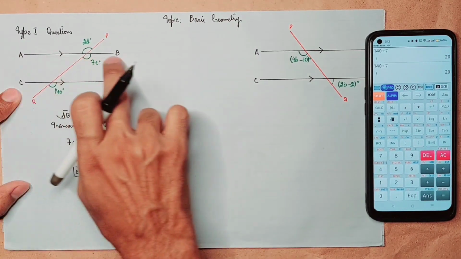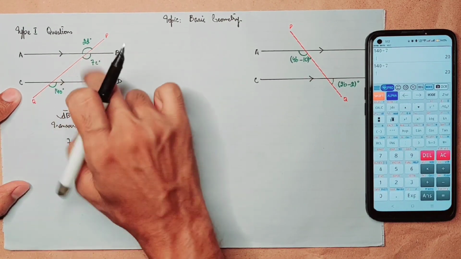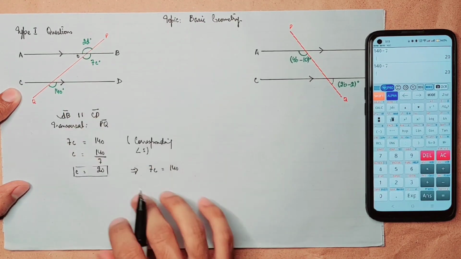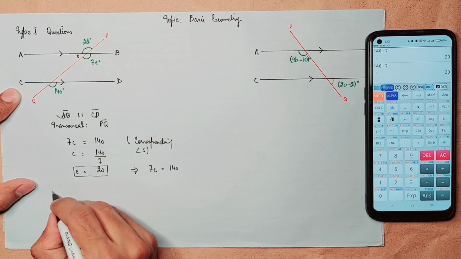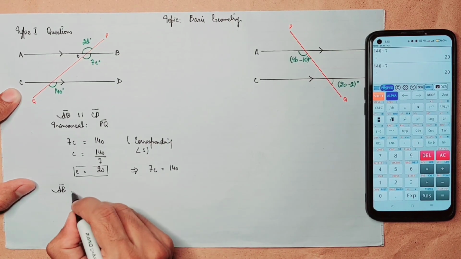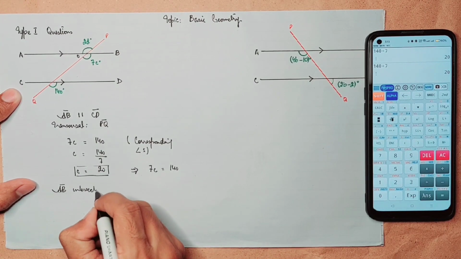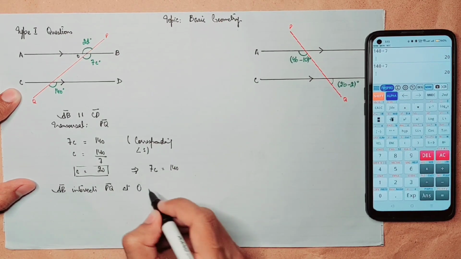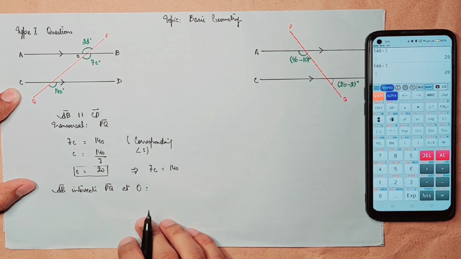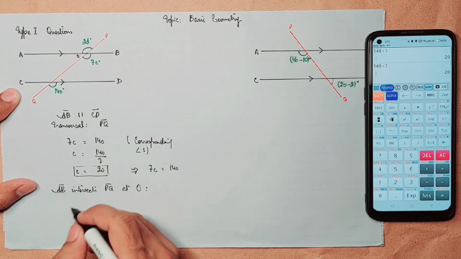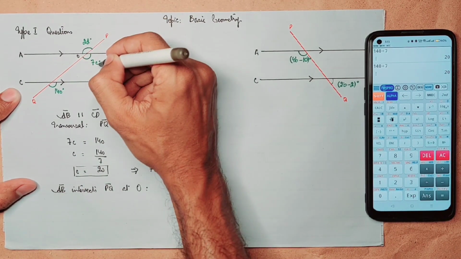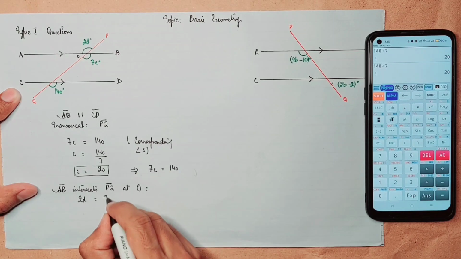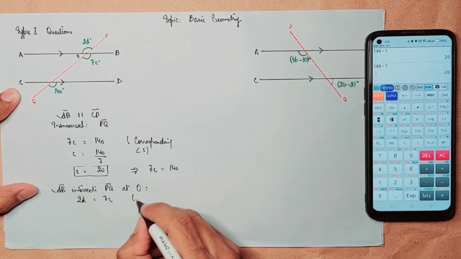Here we can see that lines AB and PQ are straight lines intersecting each other at a point, so let us name this point O. So line AB intersects line PQ at O. Whenever two straight lines intersect each other, a pair of vertically opposite angles are formed. Here I can see that 2D and 7C are formed, which are always equal to each other. So I would write 2D is equal to 7C. They are vertically opposite angles.